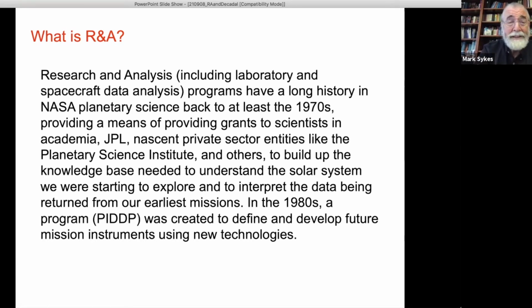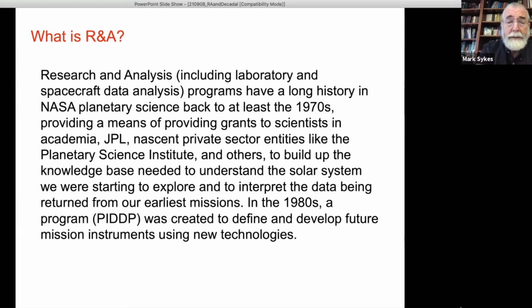PSI was established in 1972 and was getting some planetary astronomy grants, was also working on the early Mars missions, to build up not just the knowledge base, but also to build up the community of people capable of integrating all this stuff and determining what we're going to do next.